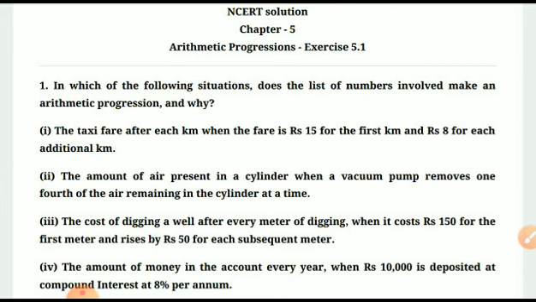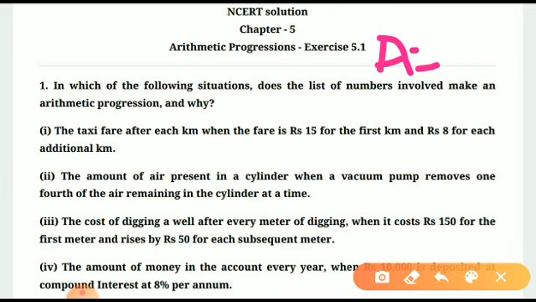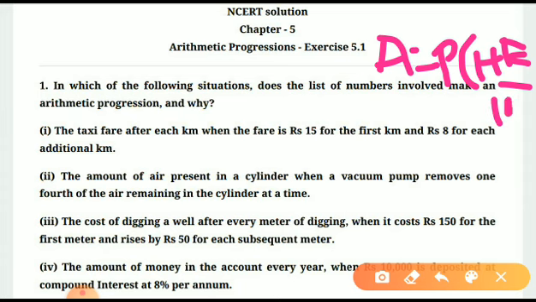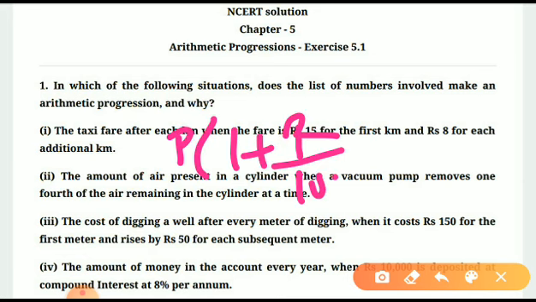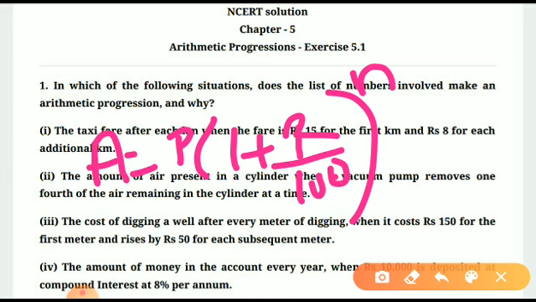The amount to be paid is given by P into 1 plus R by 100 bracket raised to N. That is the amount you are going to pay after N years, where P is the principal amount, R is the rate of interest, and N is the number of years.